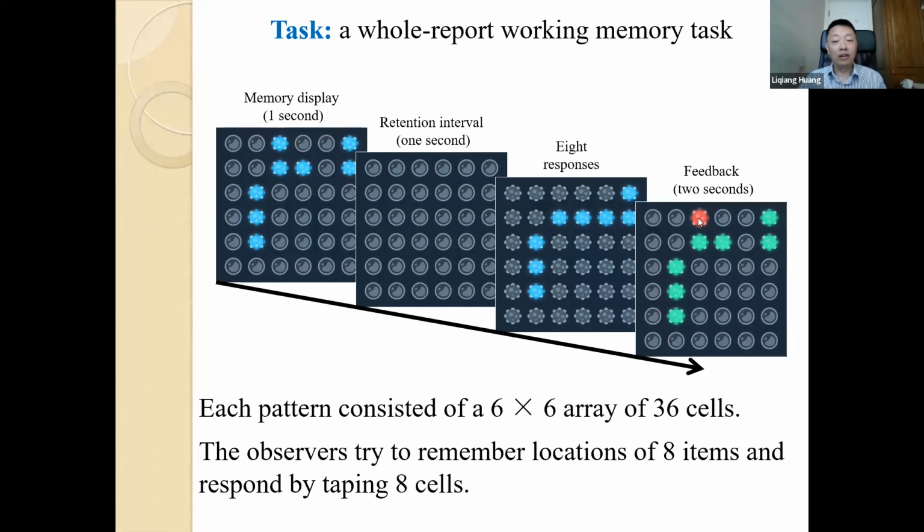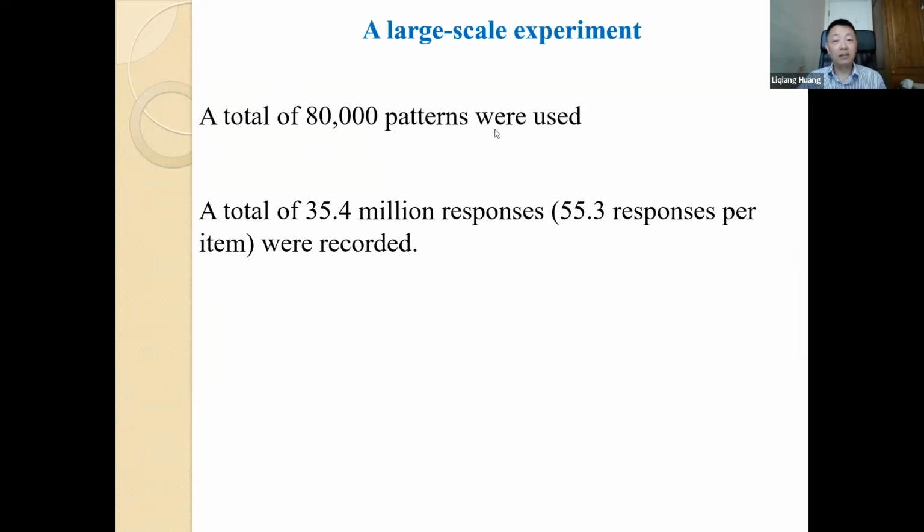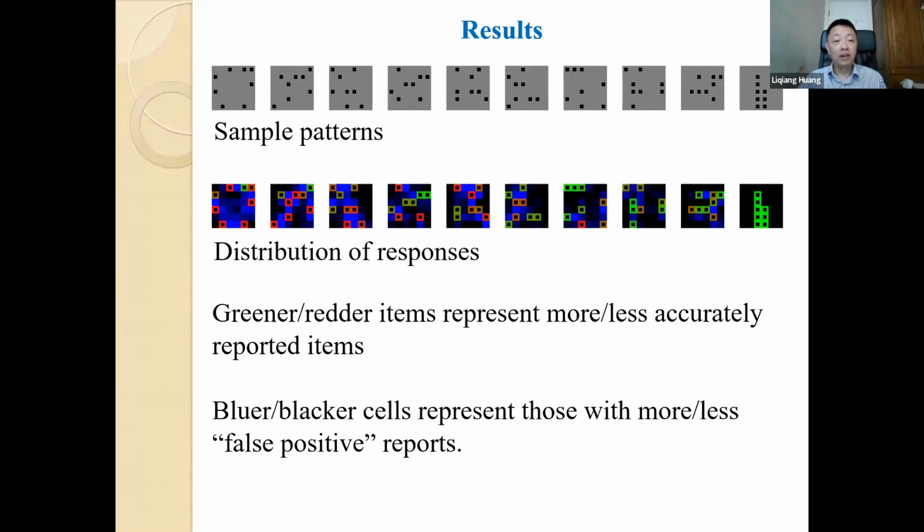Of course, they're not always precise, and sometimes they make mistakes, and then we give them feedback. This experiment included a total of 80,000 patterns, and I measured a total of 35 million responses on those patterns.